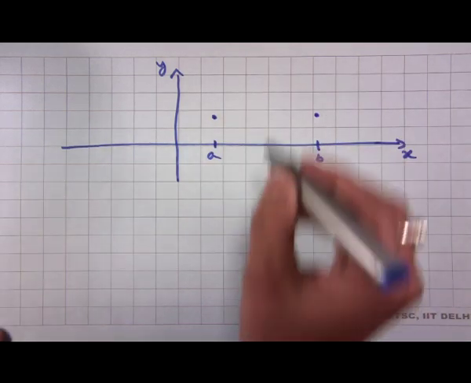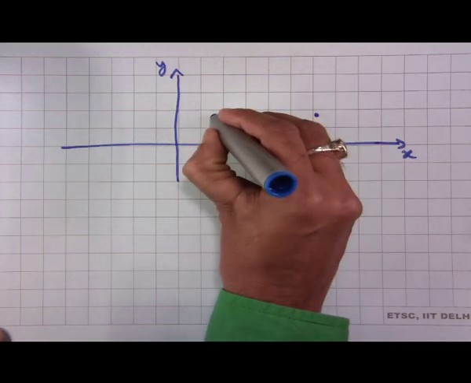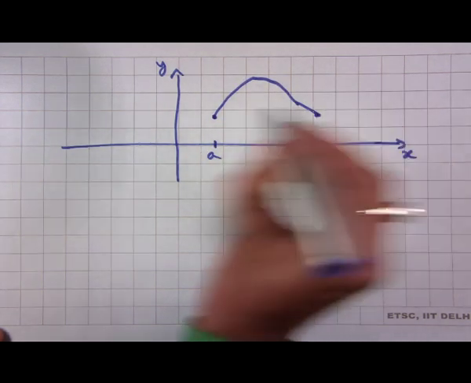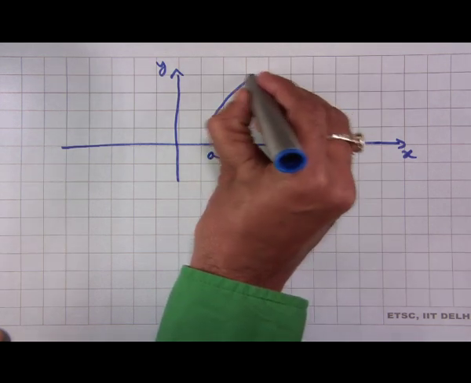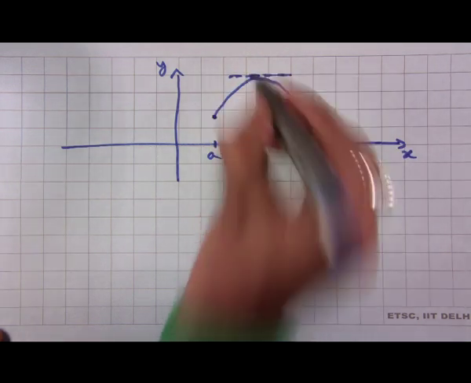The function might be like this. Here there is a point where we have a horizontal tangent, that means the derivative is 0.